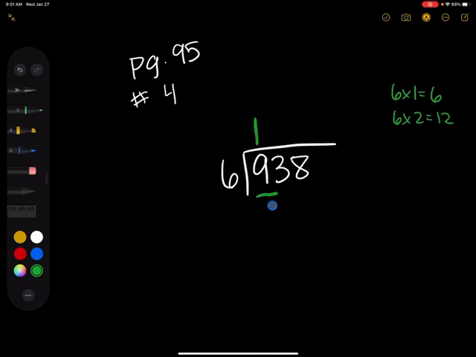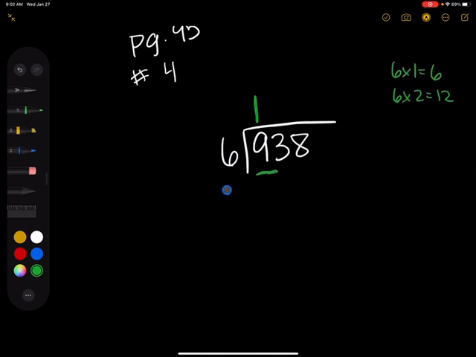So 1 times 6, or one group of 6, is 6. And now we subtract. 9 minus 6 is 3. Okay? Our next step is to bring down our next number, which is 3.